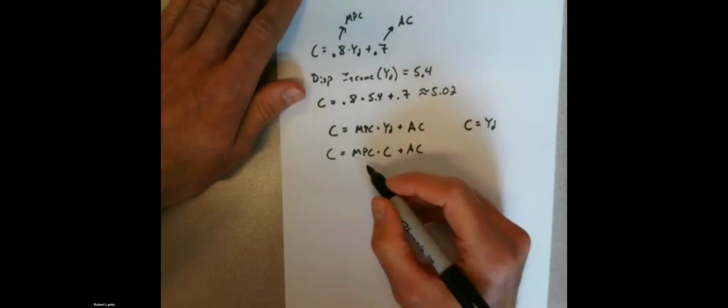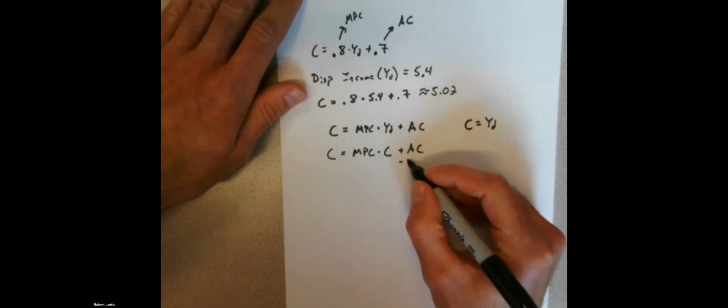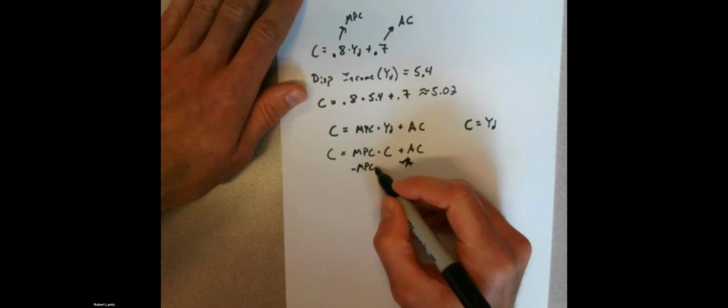Now it's just a little bit of algebra. Let's say I subtract this from both sides. So I've got C minus MPC times C is equal to autonomous consumption. I have C in both of these, so I can pull that out front. Our break-even level of consumption will be that autonomous consumption divided by 1 minus our propensity to consume.